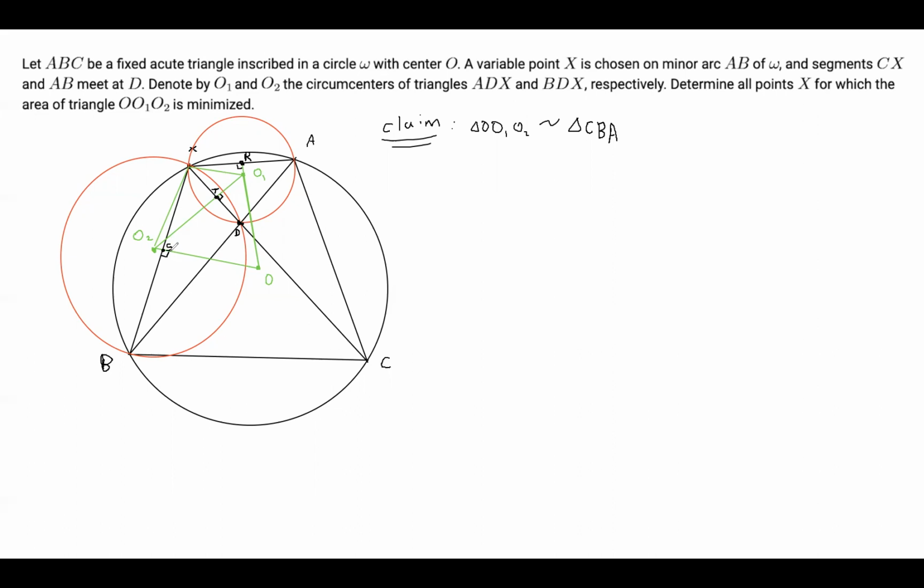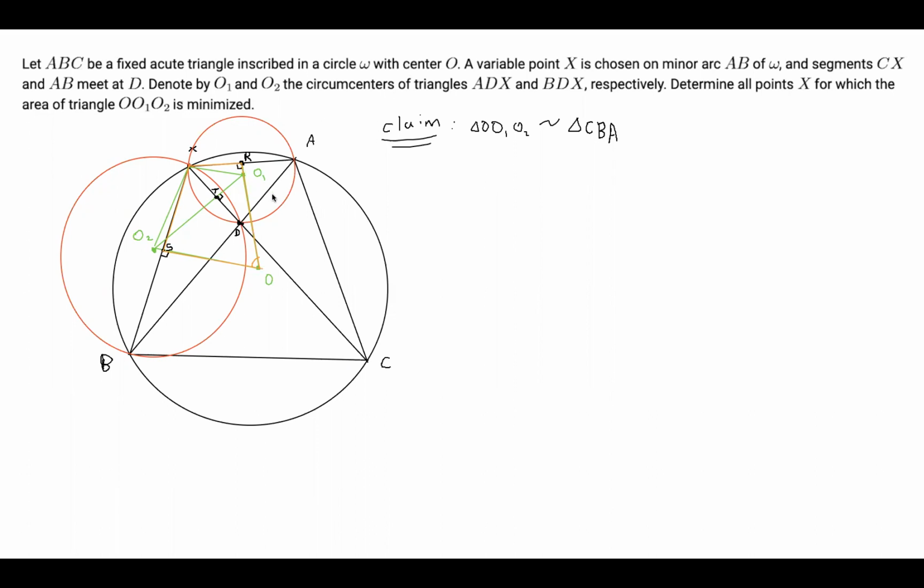Okay, now I'm going to claim that triangle OO1O2 is similar to triangle CBA. And the way I'm going to do that is I am going to first look at this angle over here, this orange angle, O2OO1, which we'll notice is equal to angle SOR. And then we'll notice that since angle XRO is 90 degrees and angle XSO is 90 degrees, and they sum up to 180 degrees, this quadrilateral XROS is cyclic. And what does that mean?